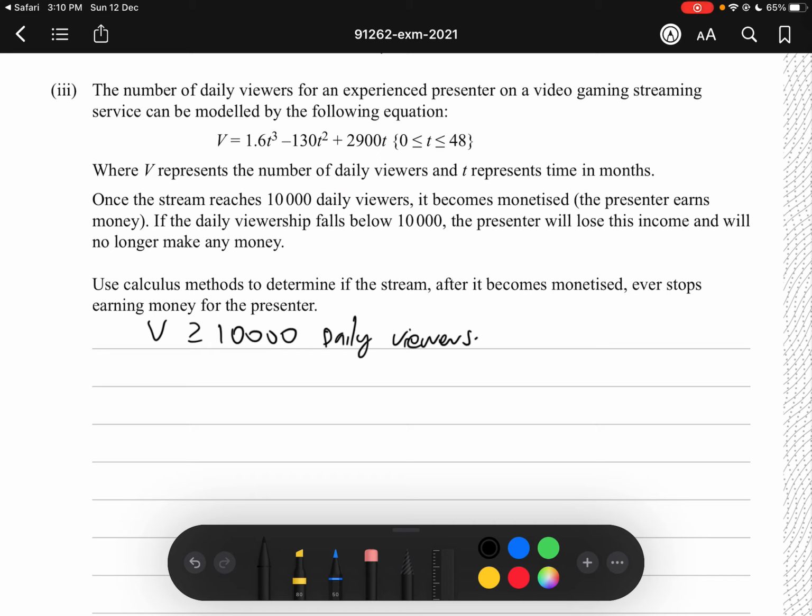If the function is always increasing for an entire period, it will not fall below 10,000. You want to see whether, during the decreasing period, the number of daily viewers falls below 10,000. If that point is below 10,000, then it will lose the income. However, if the minimum point after the decreasing period is above 10,000, then it will not lose the viewership.